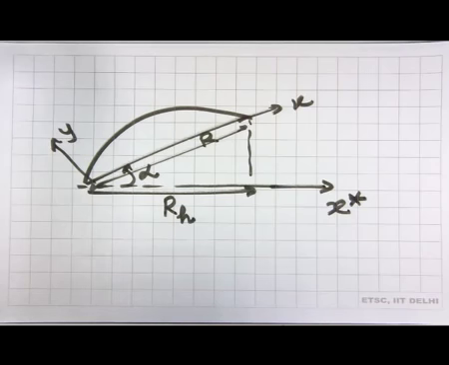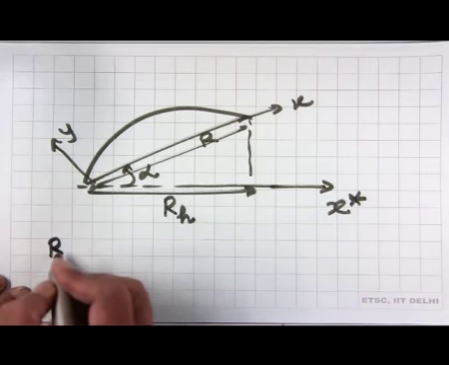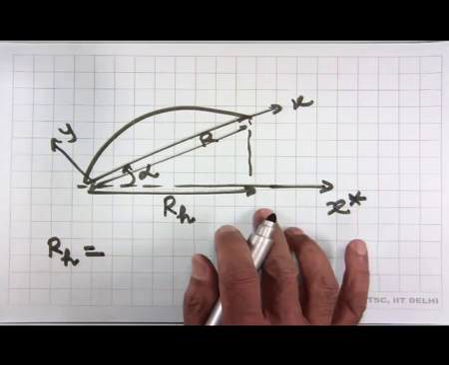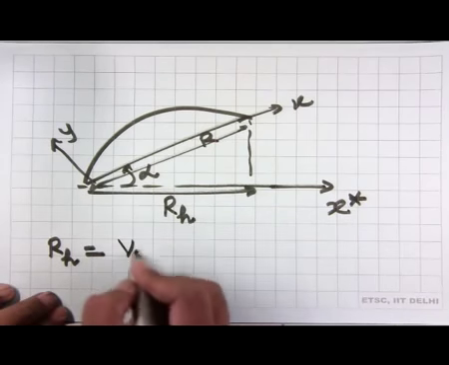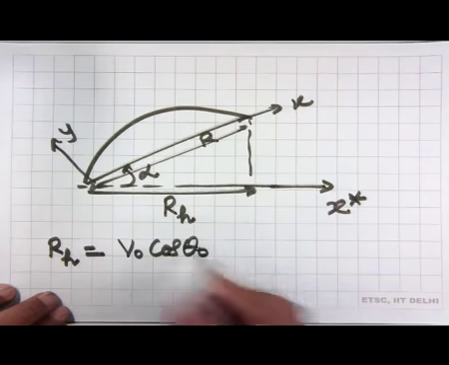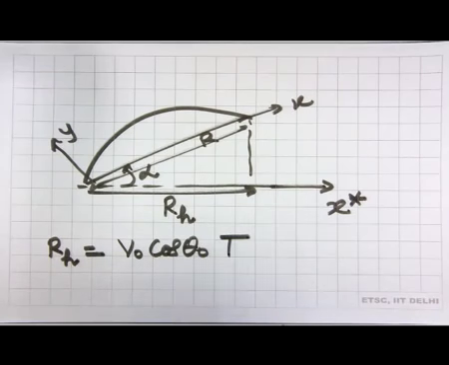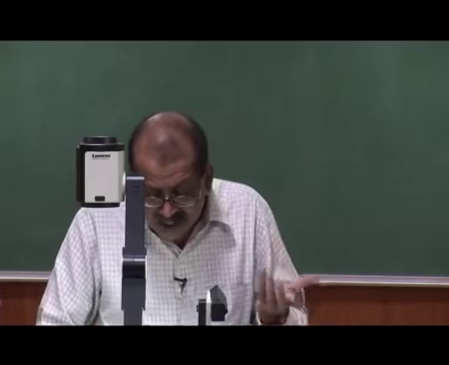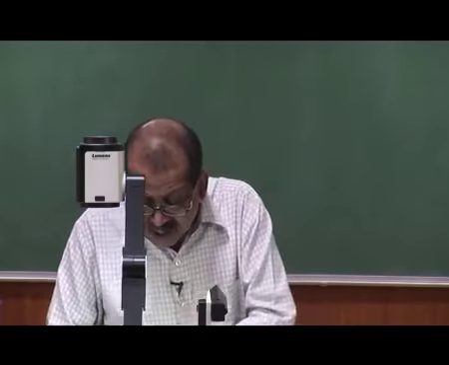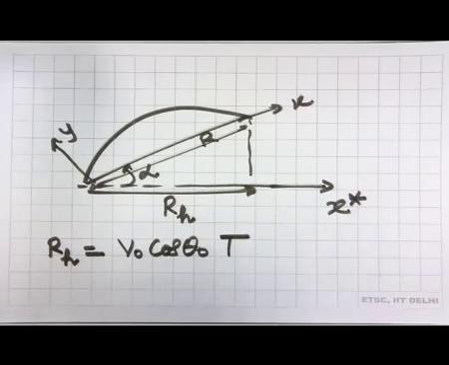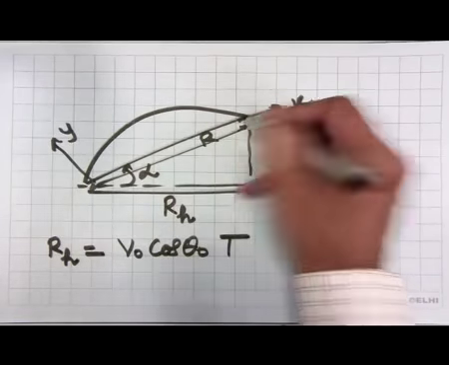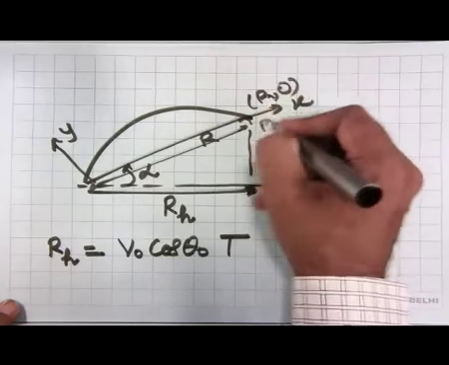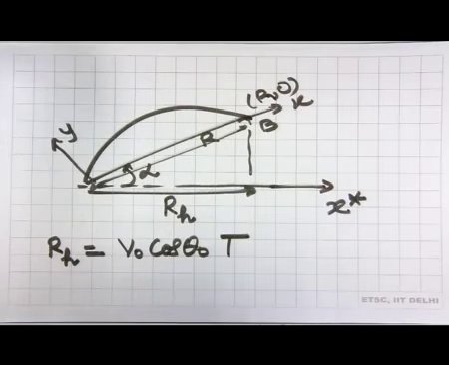This is nothing but v0 cosine theta 0 into t. Because if I look in terms of x star coordinates, I still have the old equation: the x distance travelled is initial velocity multiplied by time, and the time taken to come to position B, which was given as r comma 0, will be the same time capital T.